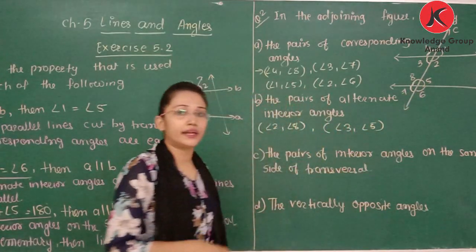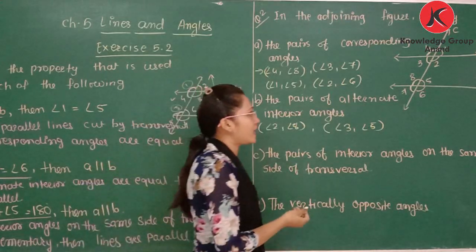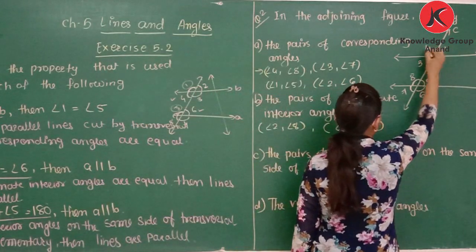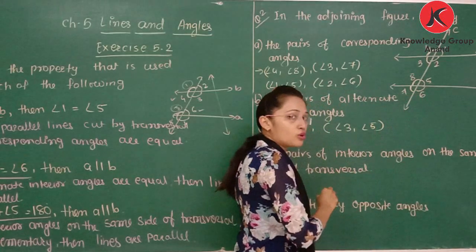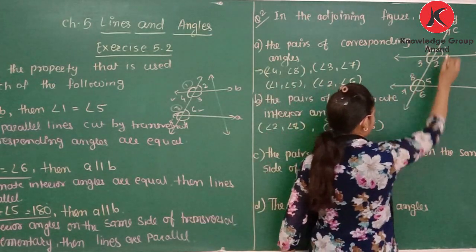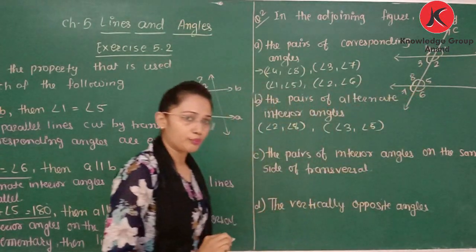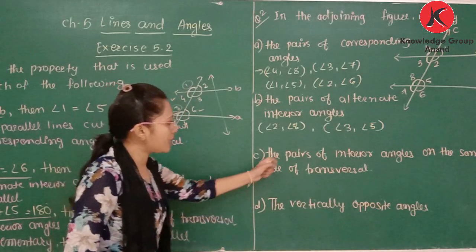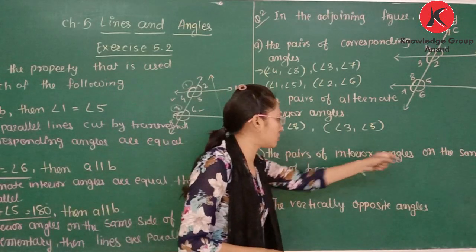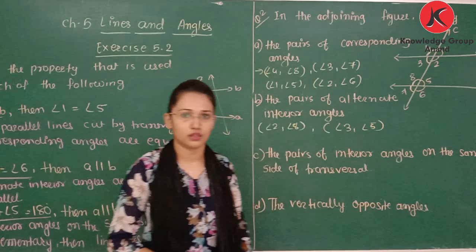If it is alternate exterior angles, where are the exterior angles? They are here: 1, 4, 6, 7. So alternate means 4 and 6, 1 and 7. Clear?